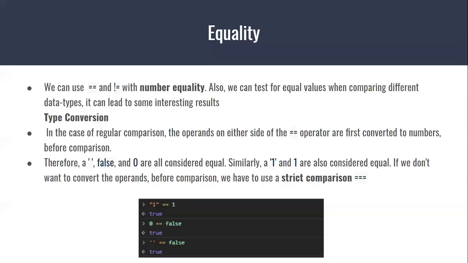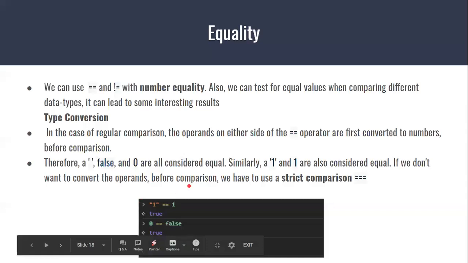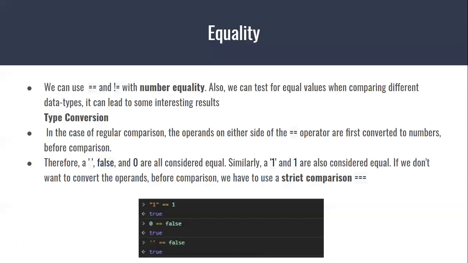True and false is a way of saying on or off, so it can convert it down. It can also say that an empty string is equal to false as well. Equality is a very strange subject in JavaScript, and it's best to highlight that now and learn it. Therefore, an empty string, false, and 0 are all considered equal. Similarly, a 1 and a string 1 are also considered equal.